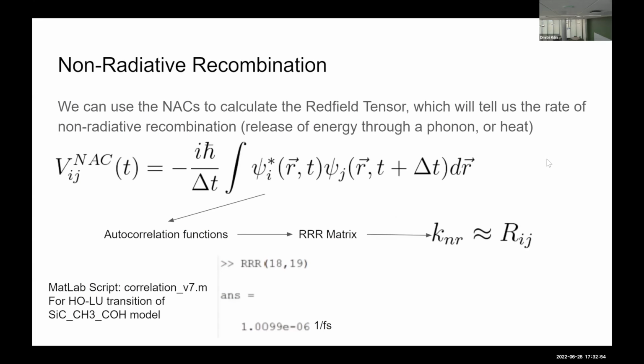The KNR, the non-radiative one, would be calculated through the non-adiabatic couplings that we were doing, calculated on the Redfield tensor, and then just looking at the indices of that matrix would tell you the rate between those two states.